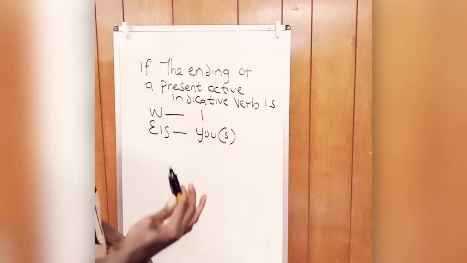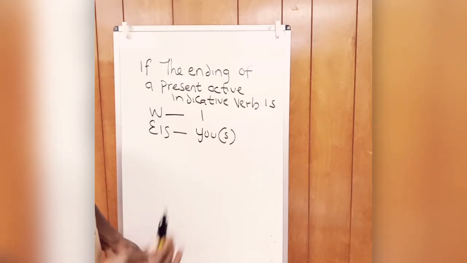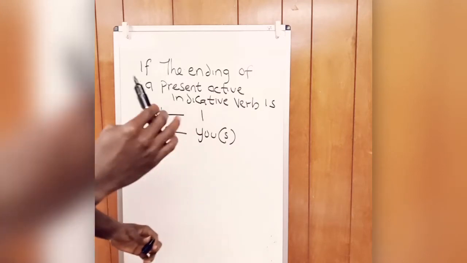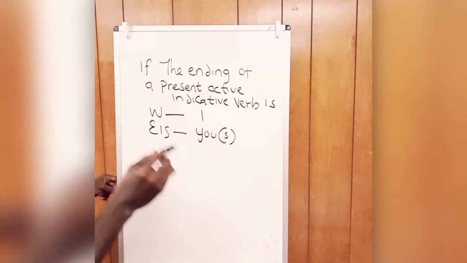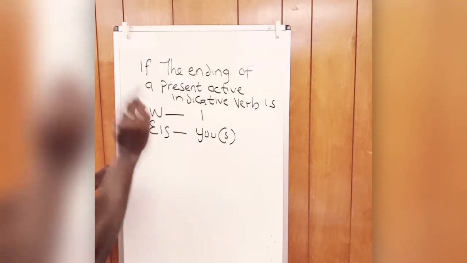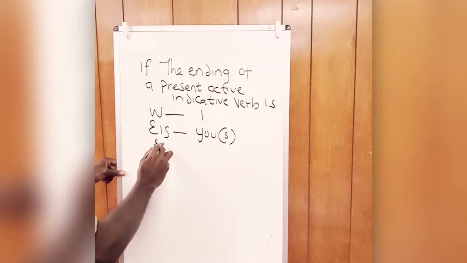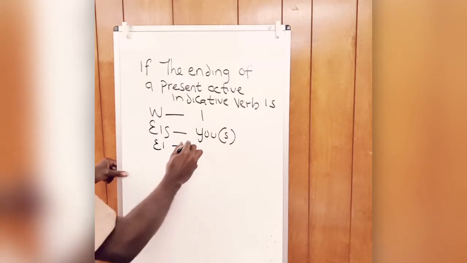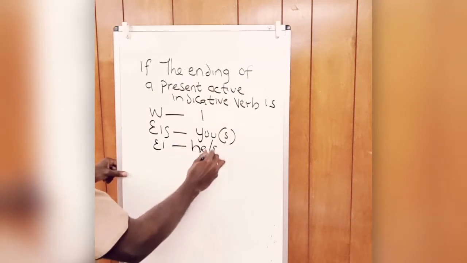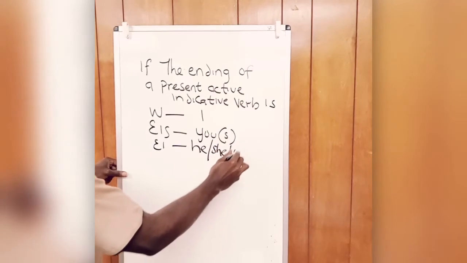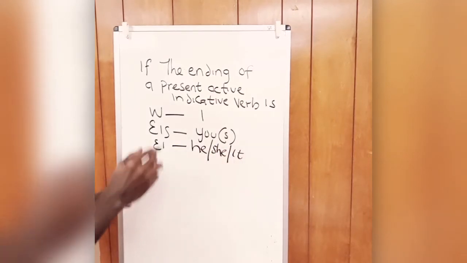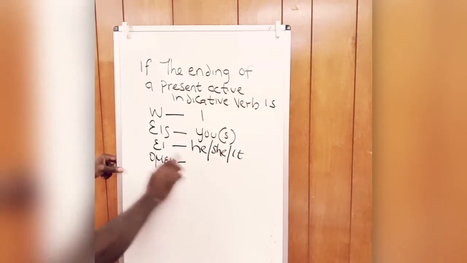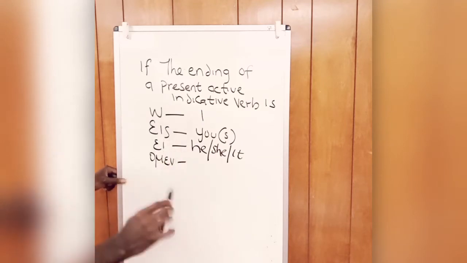Remember, I said in the last class, in lesson 4, that Greek has a way of distinguishing between the you singular and the you plural. Then, if the verb ends in a, it means that the subject of the sentence is he, she, or it. Then, if the ending is omen, it means that the subject of the sentence is we.